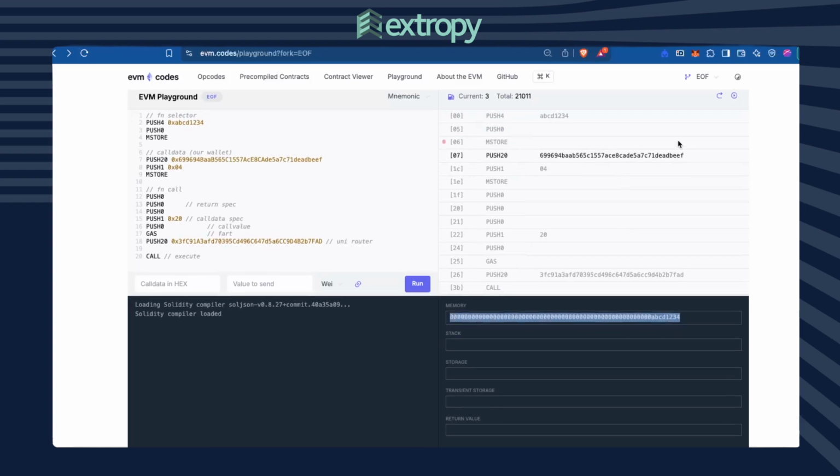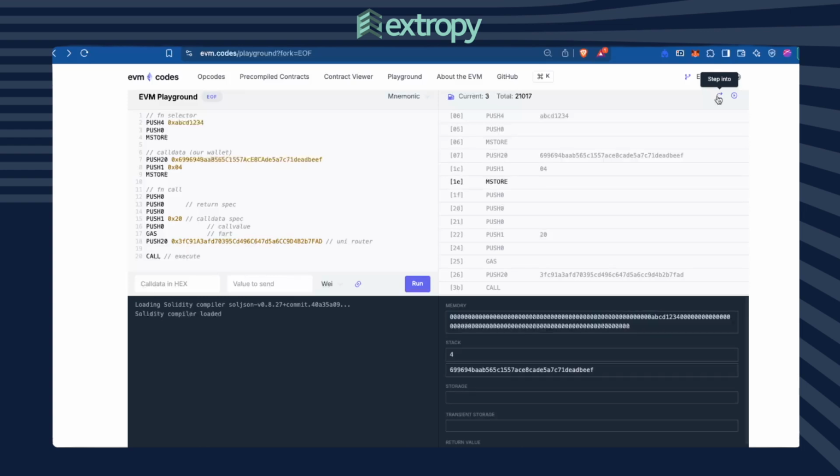We then do a PUSH20, which is pushing the address, and we put a 4 in there and store it. So that's putting the address we have, the dead beef address, and we're putting that in memory. So you can see that's now in memory as well.